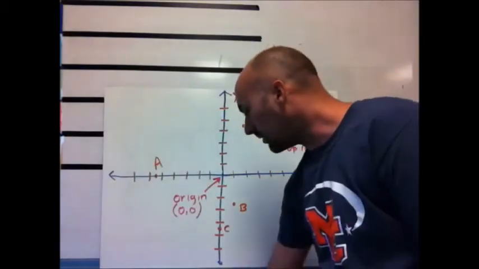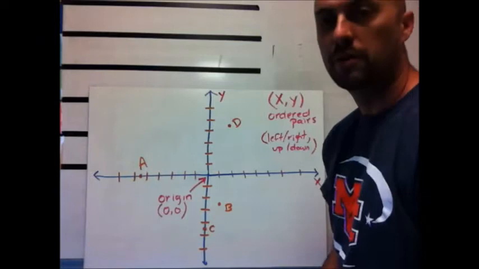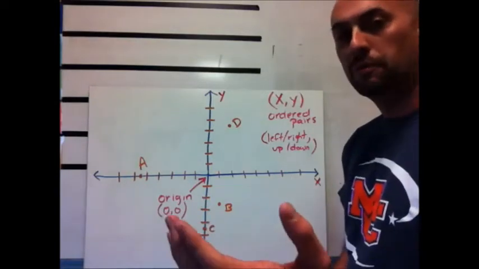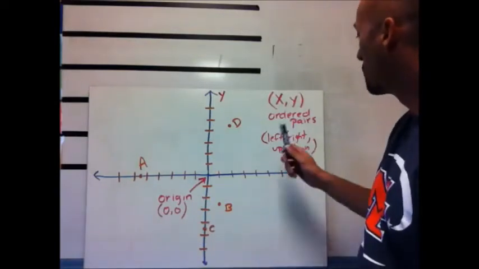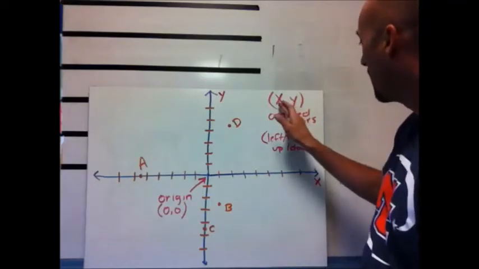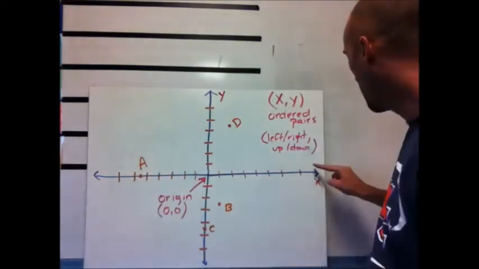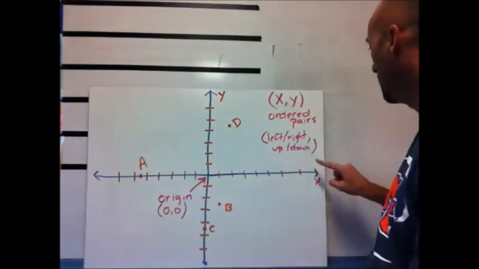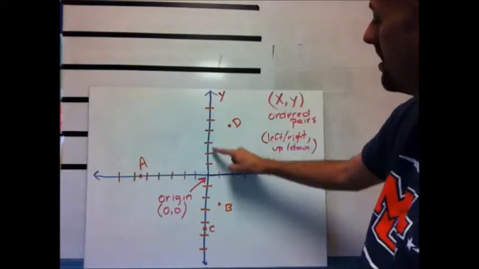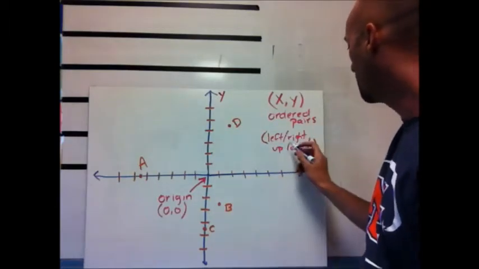So here is our coordinate plane, okay? A little rough sketch of one. Couple of reminders. One, our ordered pairs are x comma y, meaning our first number is always an x value. X value is this line right here. Our second number is always the y value. And sometimes I like to refer to this as left-right.